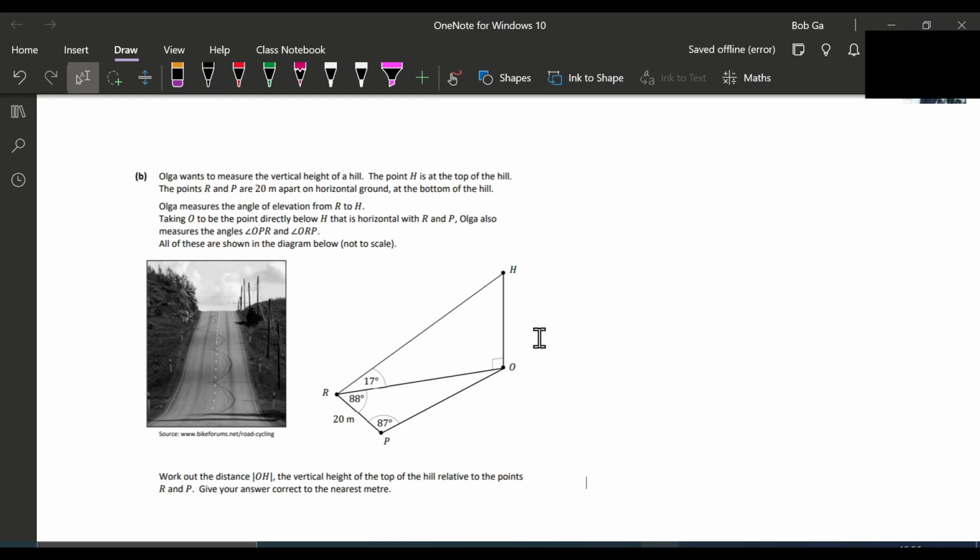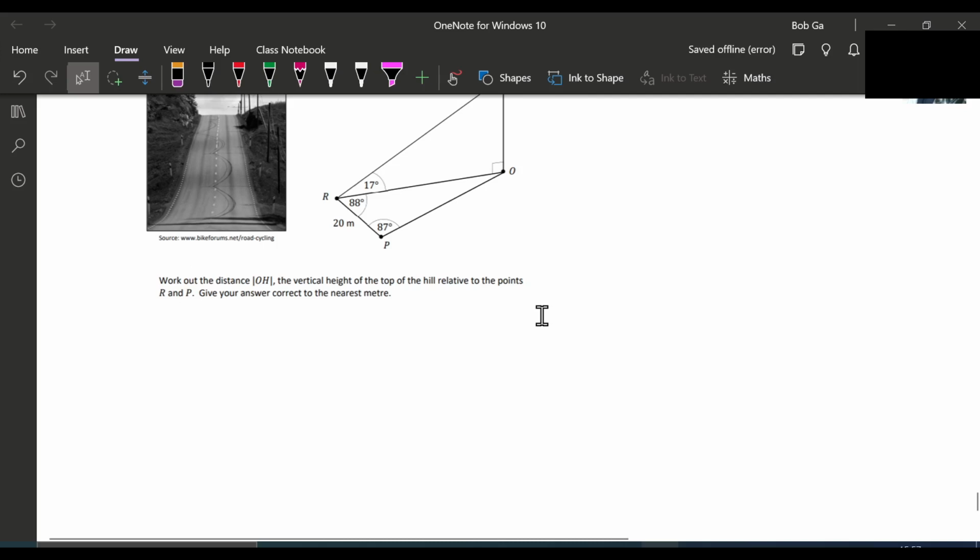The surveyor measures the angle of elevation from R to H, taking O to be the point directly below H, that is horizontal with R and P. The surveyor also measures the angles OPR and ORP. All of these are shown in the diagram below, not to scale. Work out the distance OH, the vertical height of the top of the hill relative to the points R and P. Give your answer correct to the nearest meter.